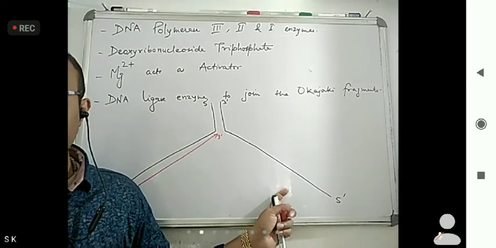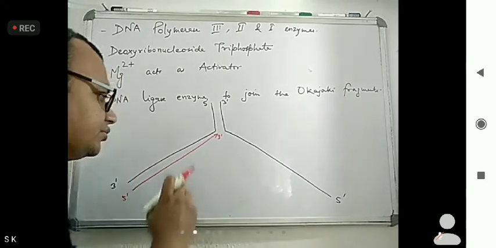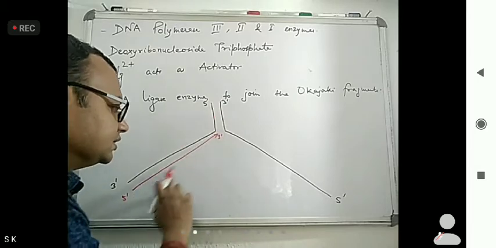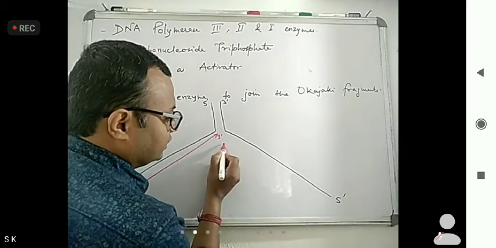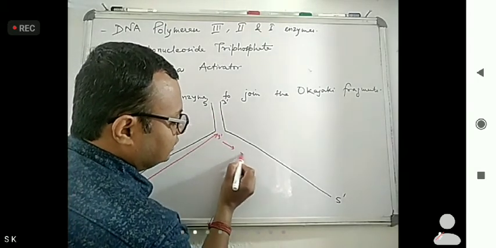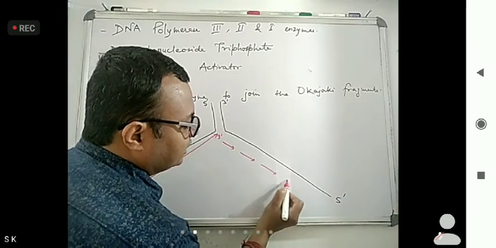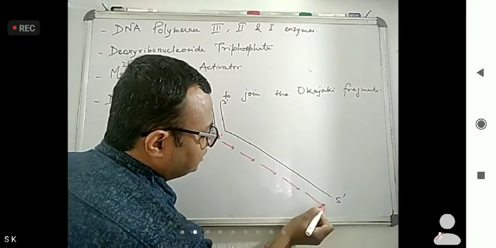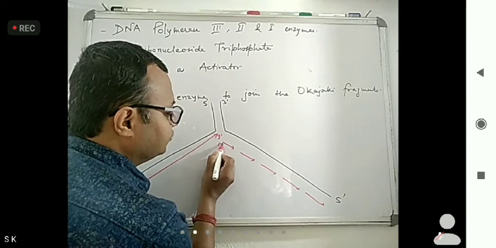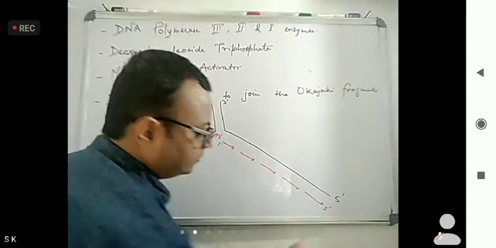Now here also, I told that it is semi-conservative. So this is parental DNA and this is daughter DNA. Here they are forming in a discontinuous pattern. This is 5 prime, this is 3 prime.